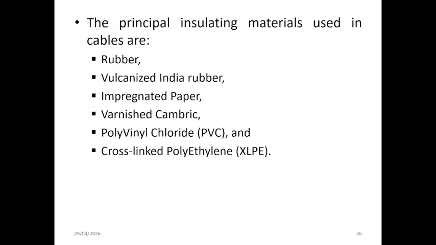Okay, this slide lists the main insulating materials used in underground cables. Common materials include rubber and vulcanized India rubber, which provide good flexibility and insulation. Impregnated paper and varnished cambric are also widely used in traditional cable designs.